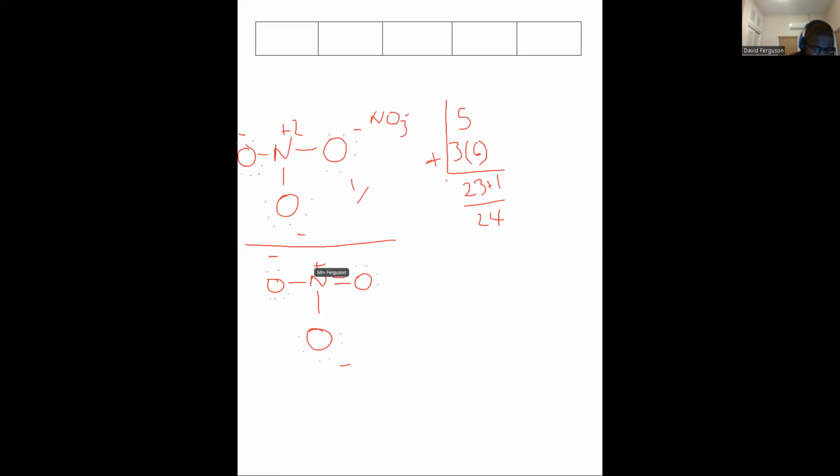It has an overall charge of -1, and we've minimized formal charge as best as possible. Everything obeys the octet rule. So we've ticked all of the boxes. So this is a good structure right here.